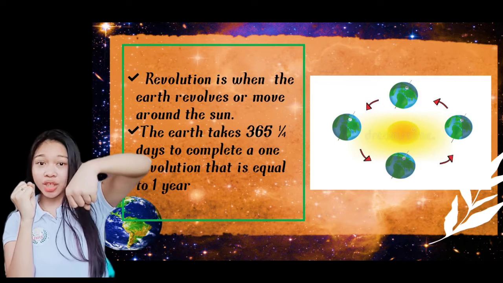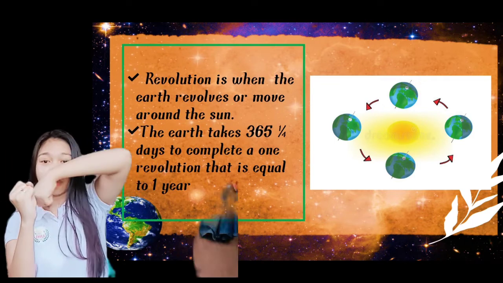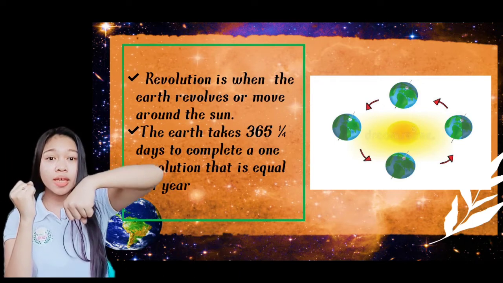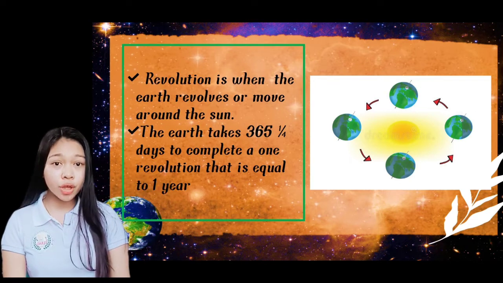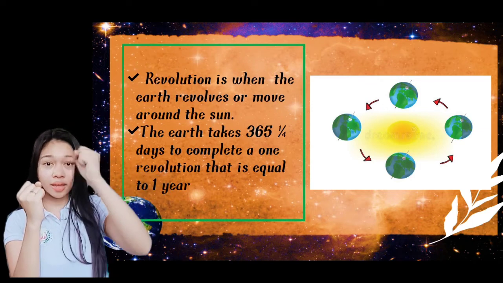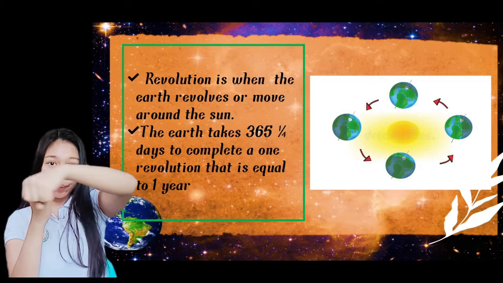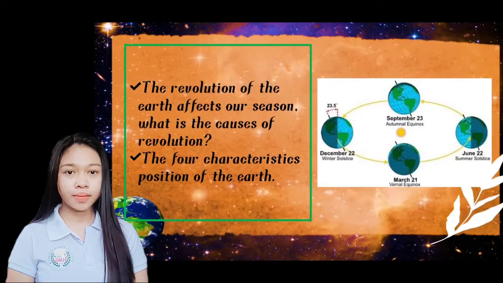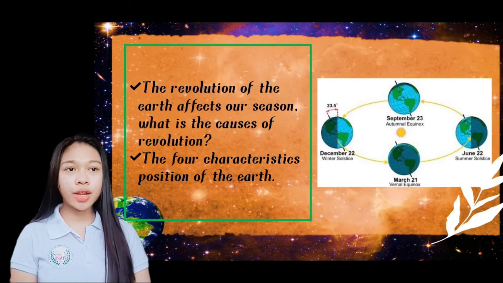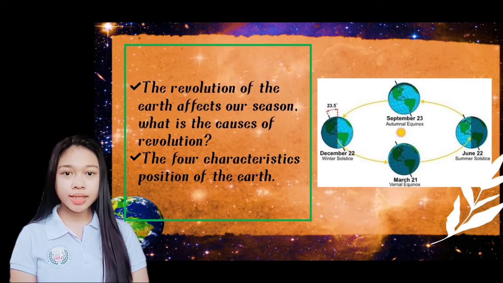So, there is a changing in position. And sabi nga doon, revolution occurs when the earth revolves around the sun. And the revolution of the earth affects our season.